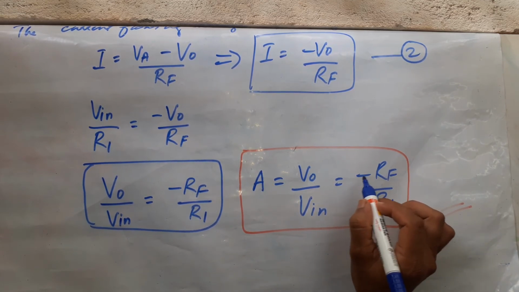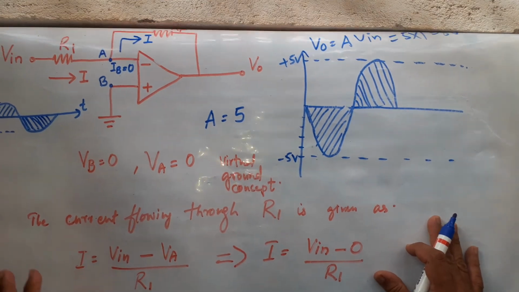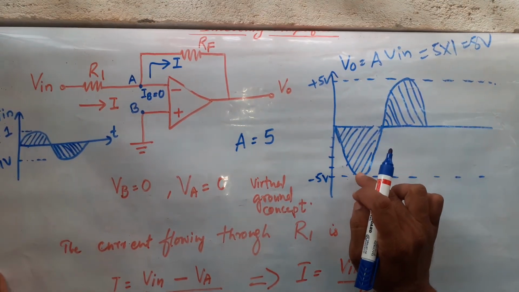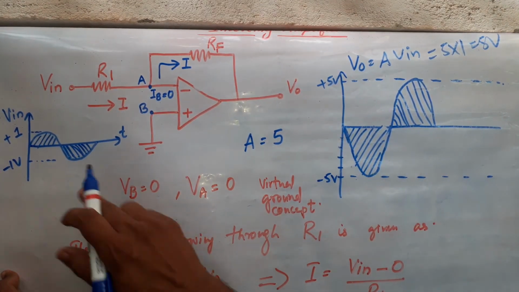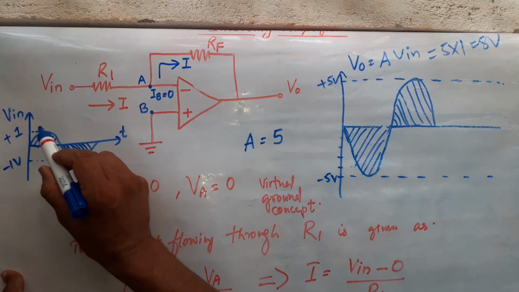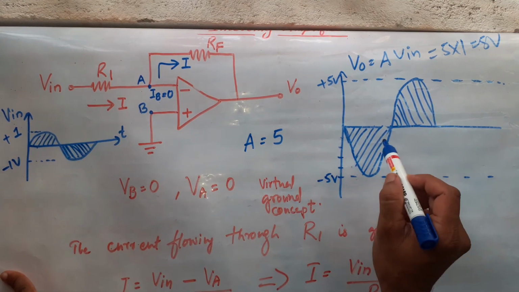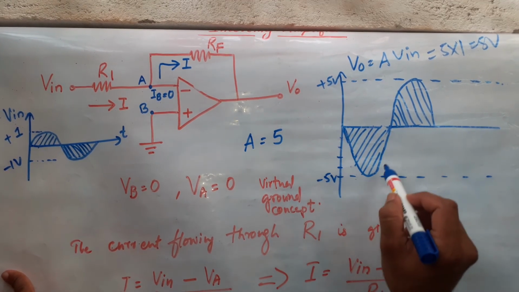This minus, can you see? This minus is because your output is inverted. Here, this is your input, positive half cycle. When you apply this positive half cycle, you are getting output as negative half cycle, inverted.